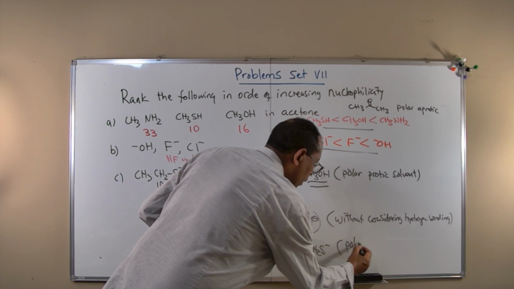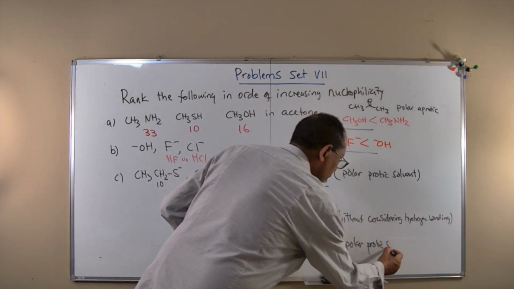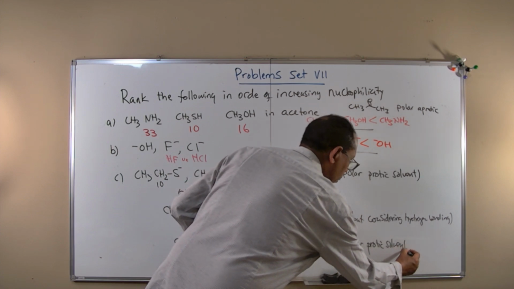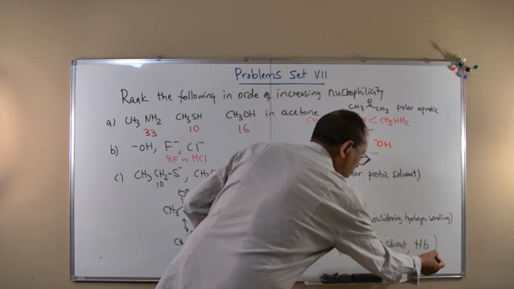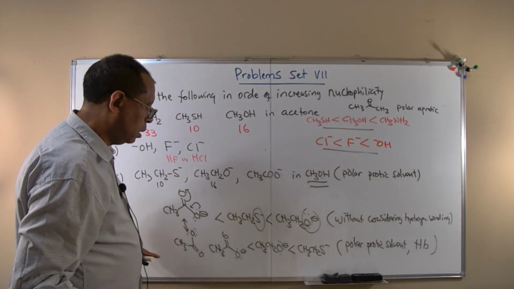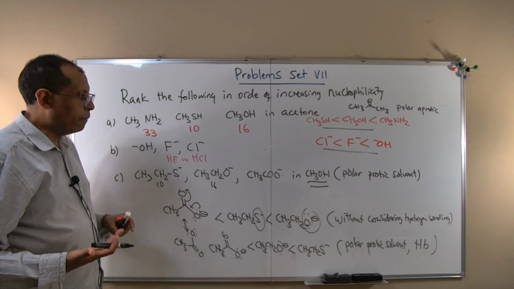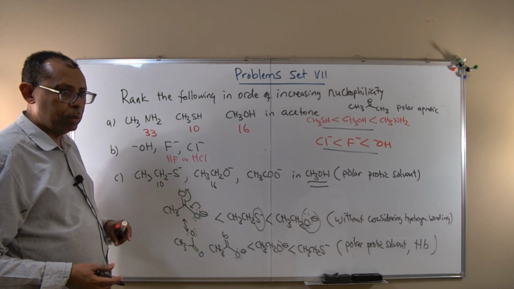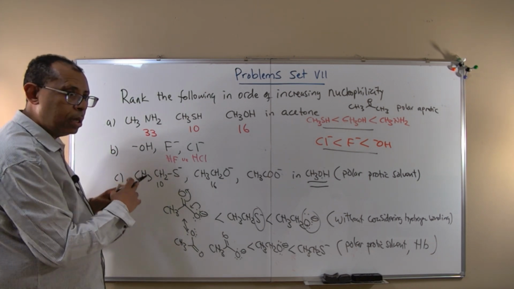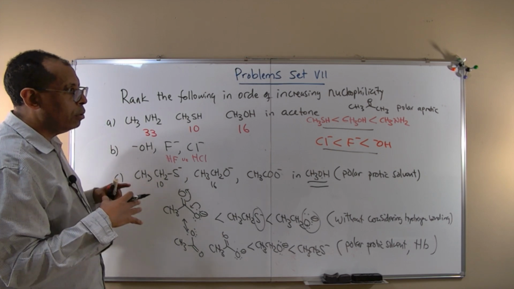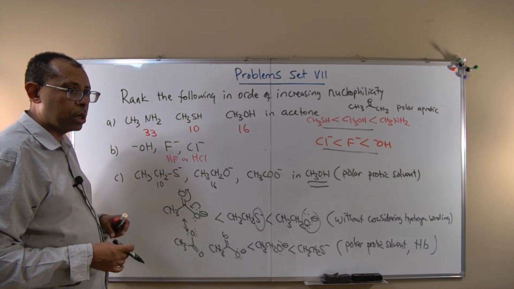Polar protic solvent would make hydrogen bonding. Hydrogen bonding is possible. Therefore, the order of nucleophilicity is affected by what solvent you'll be using. So this is a very important question, and you need to revise, and you should review the notes associated with this subject matter.